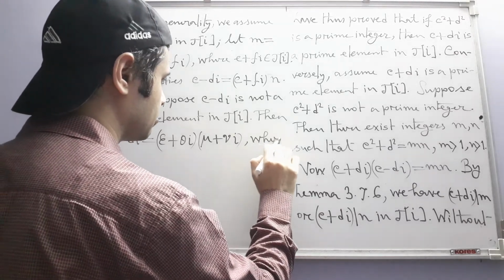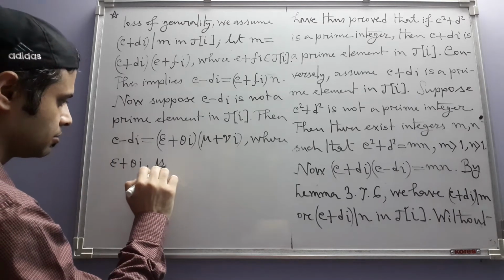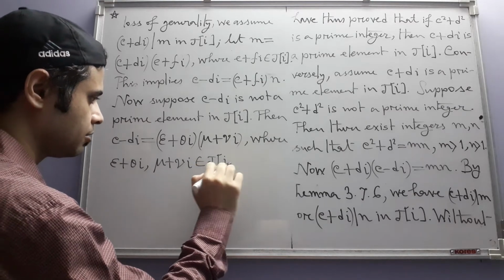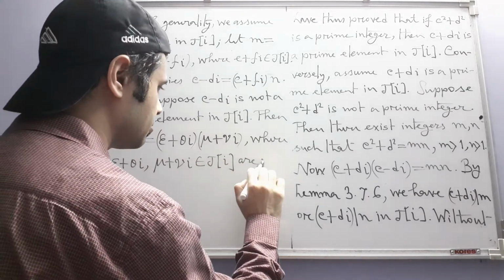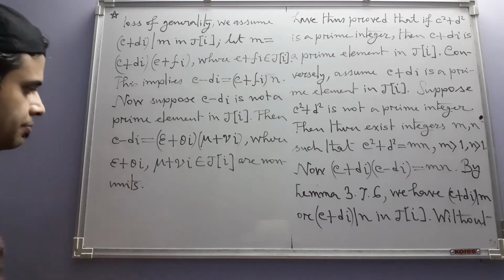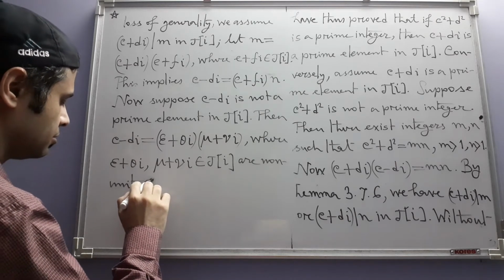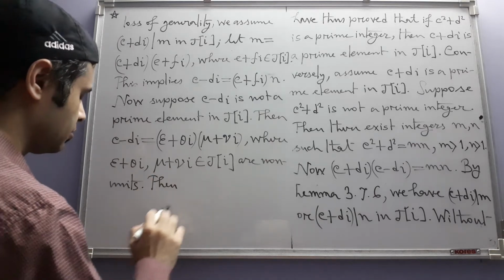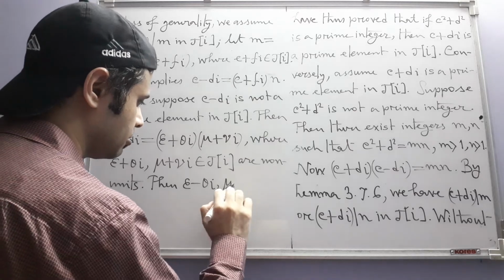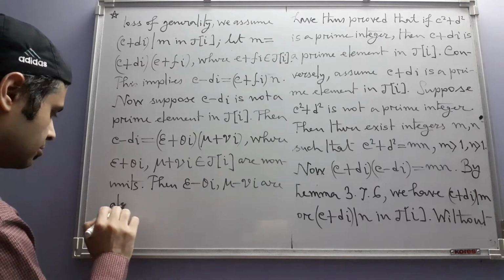where epsilon plus theta I and mu plus nu I are elements in Z[i], and these are non-units. Okay, then epsilon minus theta I and mu minus nu I are also non-units.